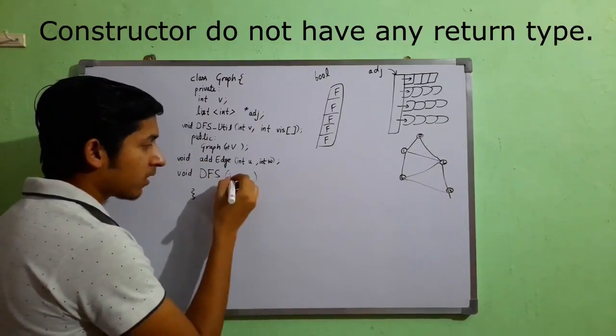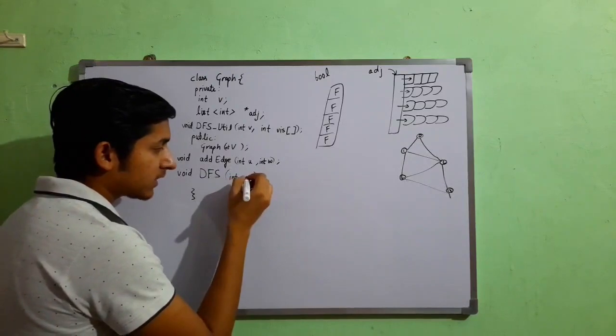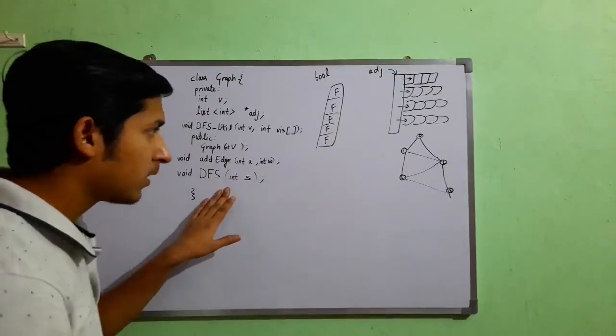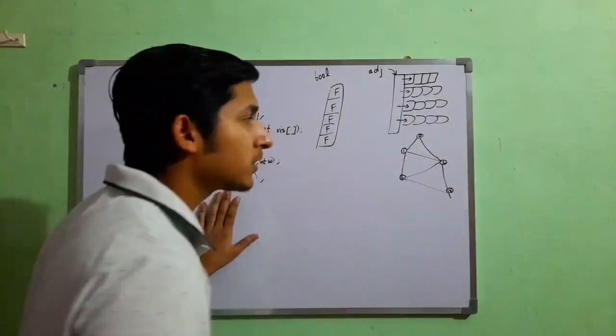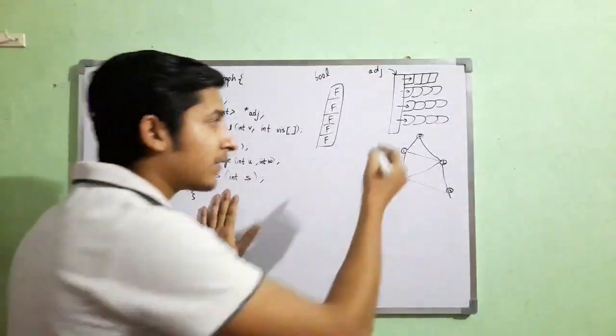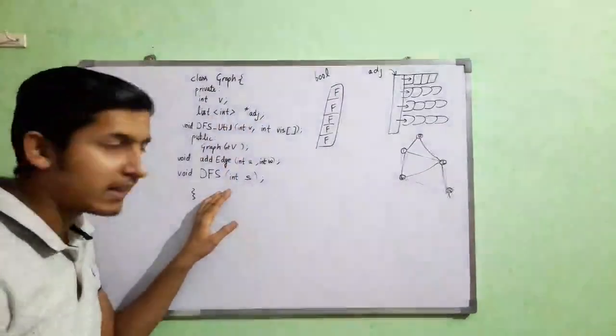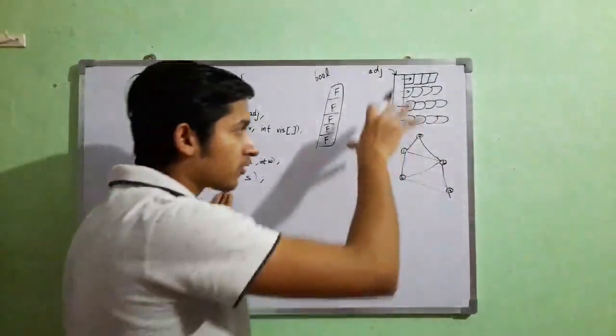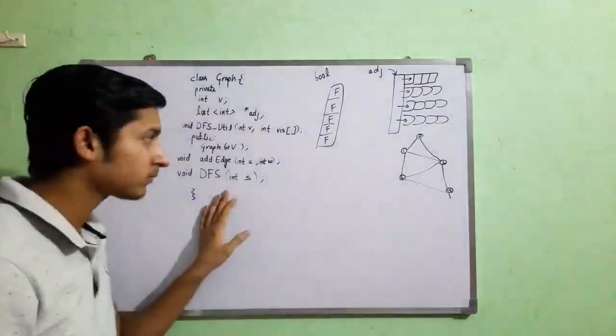So it takes just one integer, say s, and it will print all the nodes we find by traversing. So it will take the first node from which we start and traverse through this entire graph.